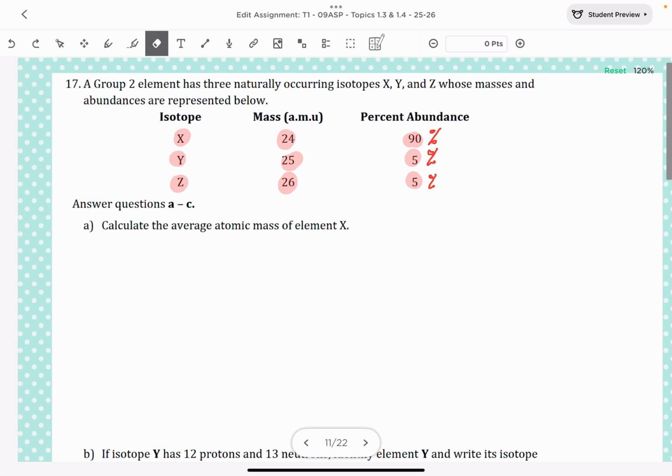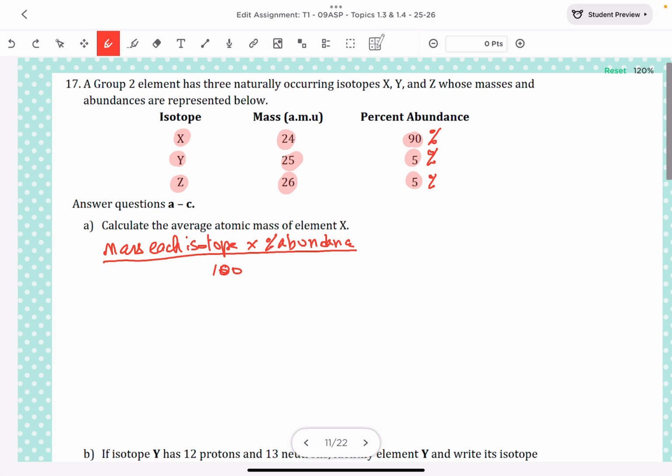Now, how to calculate the average atomic mass? In order to calculate the average atomic mass, we take the mass of each isotope, we multiply it by the percent abundance divided by 100.